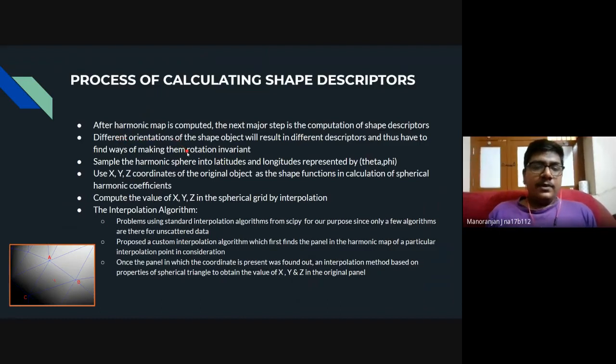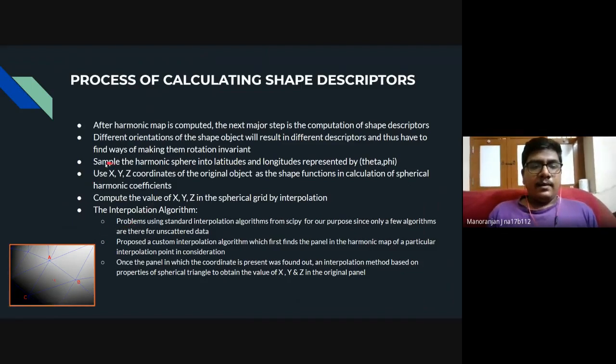Before that, for the same submarine you saw, if you have a different orientation, then we'll have a different shape descriptor according to this algorithm. So we have to come up with ways to make it rotation invariant. If we are given any submarine oriented in any direction, it should still represent the same feature vector.